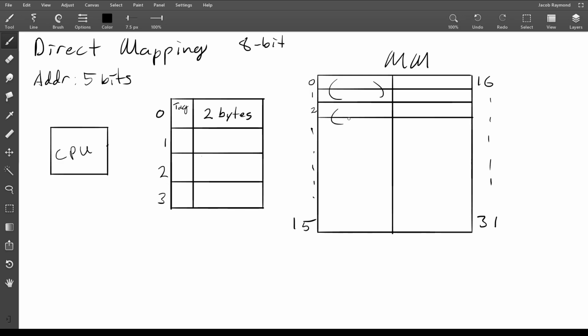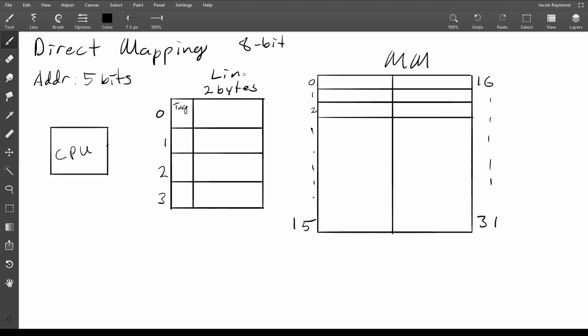So it might read these two or these two. Note that it wouldn't be able to read these two, and we'll get to why, but it'll always be two adjacents starting from 0. So 0 and 1 will be paired up, 2, 3, 4, 5, 6, 7, and so on. Those will be the ones that are actually paired together into a cache line. So I'll write this up here.